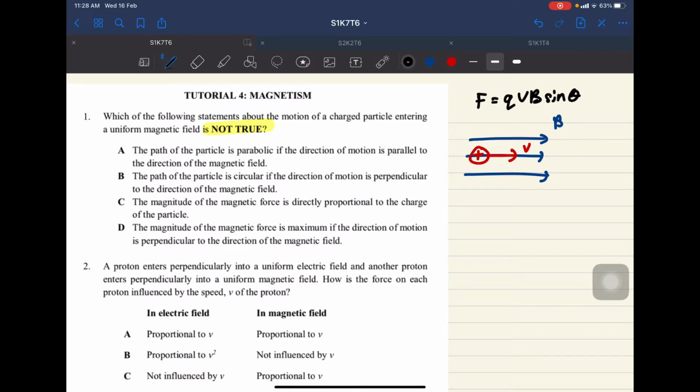If V and B are in the same direction, that means theta is equal to 0, so F is equal to 0. That means there's no force acting on the particle, so it will continue to move in the same direction. It wouldn't move in a parabola. So the answer is A.